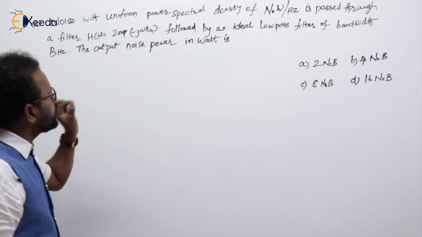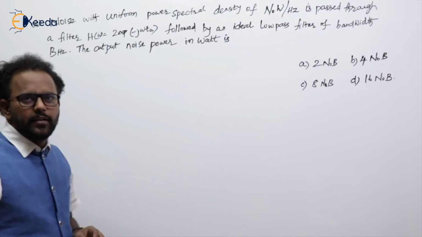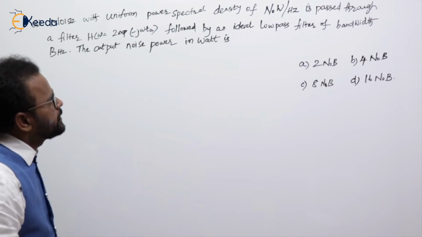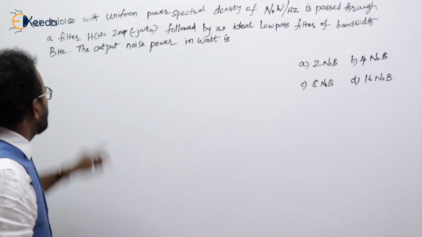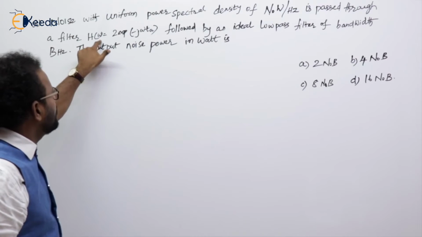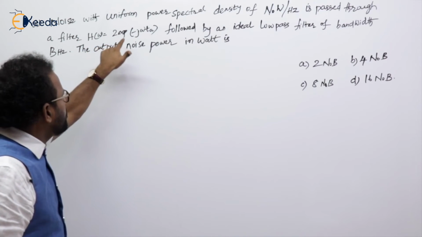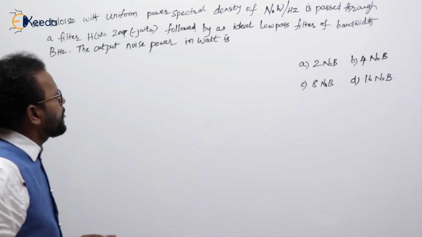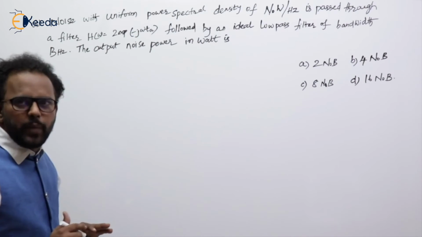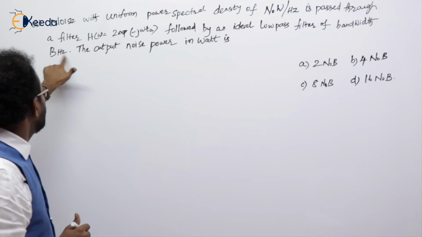Noise with uniform power spectral density of N0 watts per hertz is passed through a filter having transfer function H(ω) equal to 2e^(-jωt_d), followed by an ideal low pass filter of bandwidth B Hz.